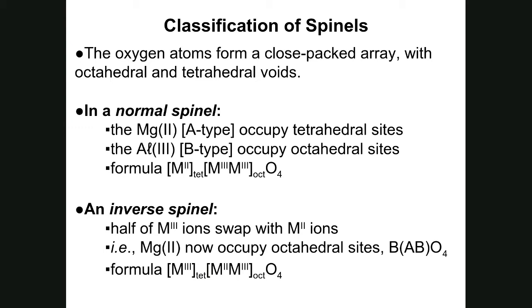In a normal spinel, the metal in a 2+ oxidation state will occupy tetrahedral sites. So if someone asks you to define what a normal spinel is, you can say that a normal spinel is a type of spinel where metals in a divalent oxidation state occupy tetrahedral sites, and those in a 3+ oxidation state occupy octahedral sites.